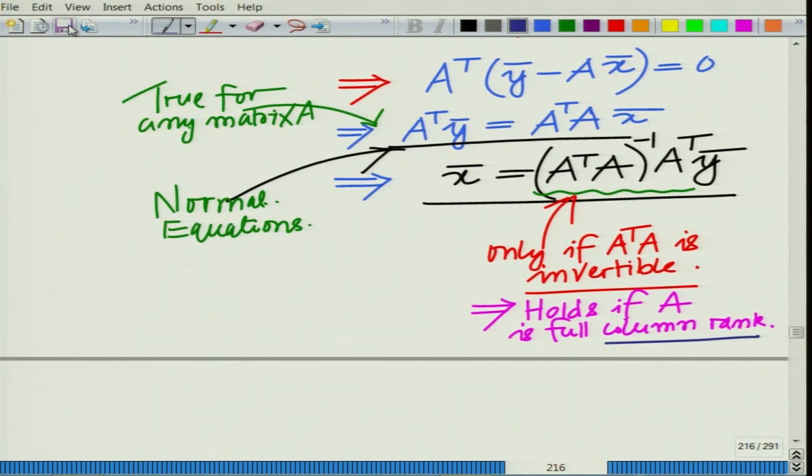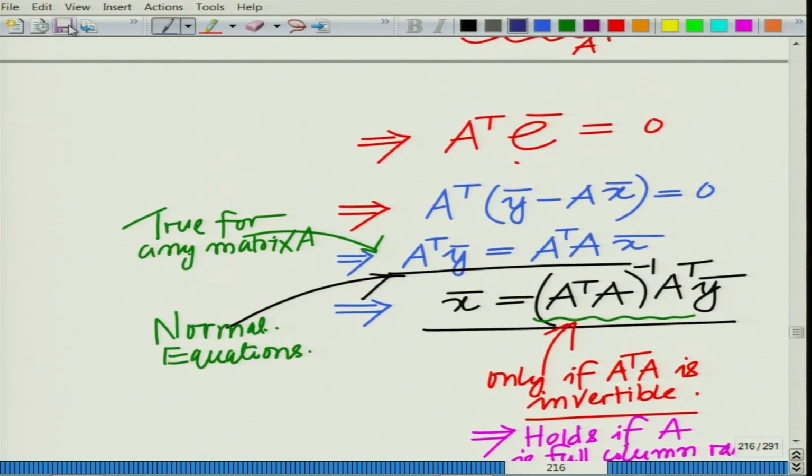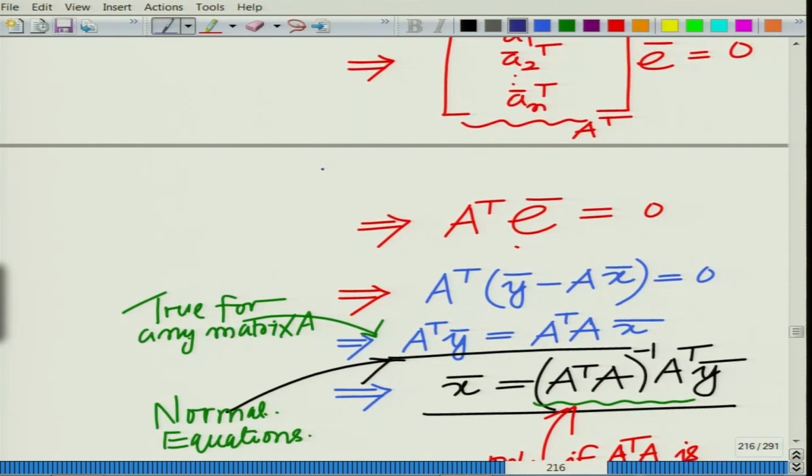And this essentially is termed as the principle of orthogonality. What we have written over here, that is A transpose E bar equal to 0, is very important in signal processing.